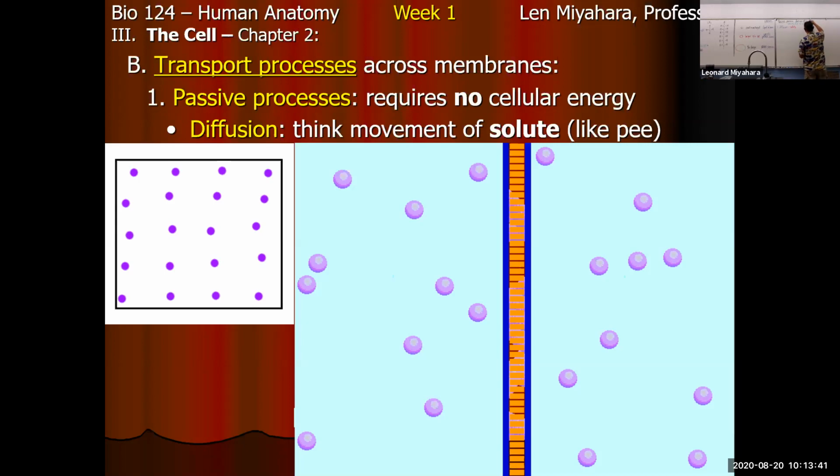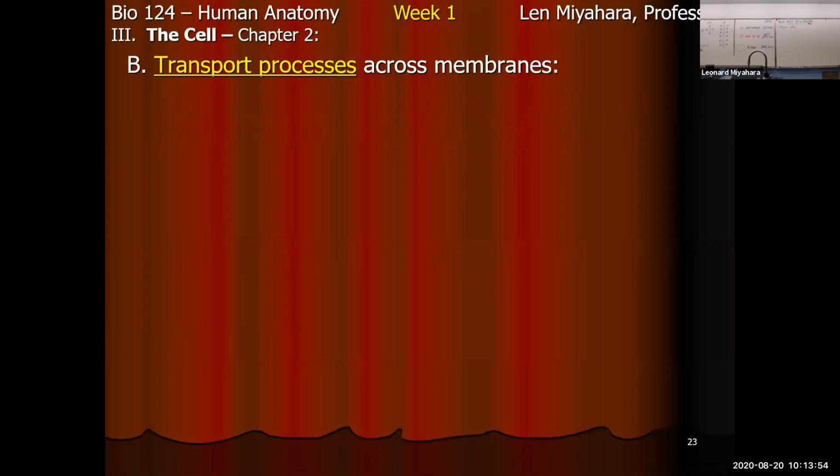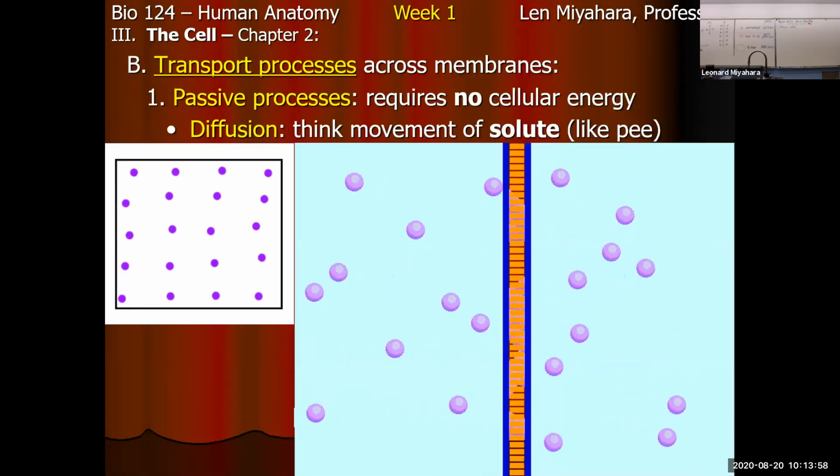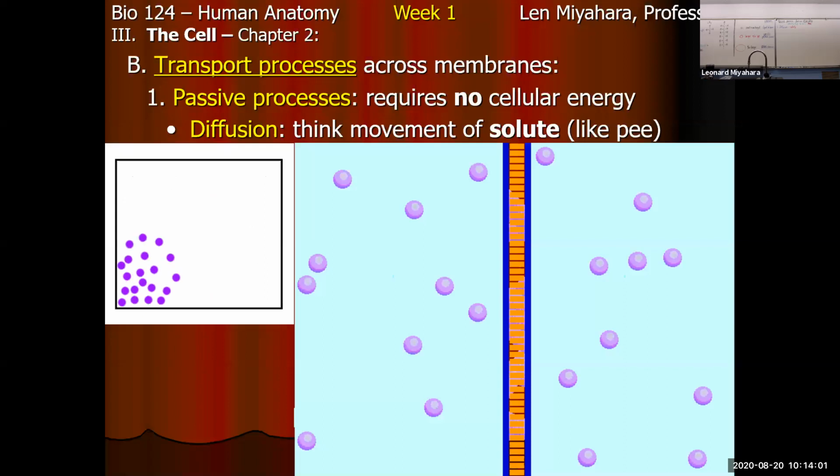Most passive processes are going from high to low, going downhill. And it's going right through the lipid bilayer. The larger animation on the slide is showing you the balls are going right through the lipid bilayer, even though it's very short and doesn't cycle.